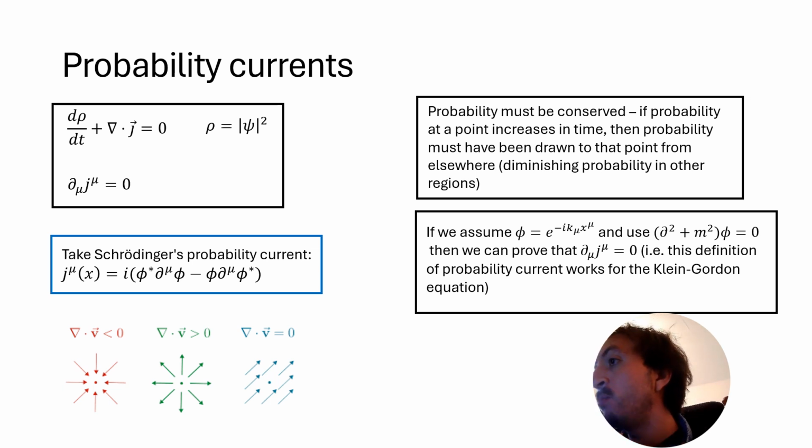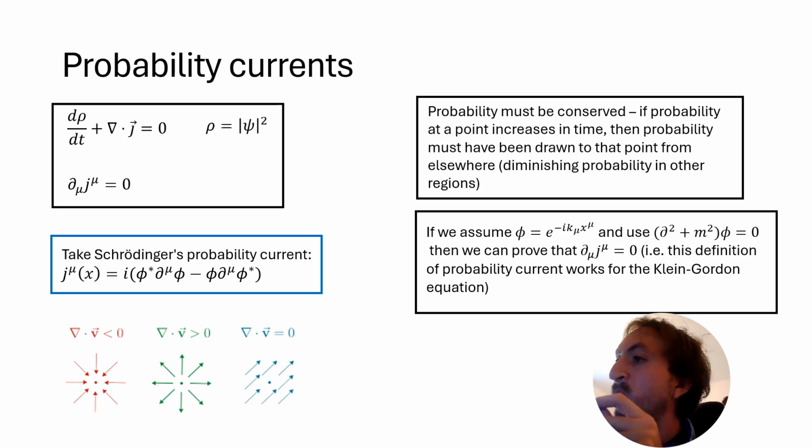And if you use the Klein Gordon equation itself, you can actually prove that if we use Schrodinger's definition of four-current, then indeed four-current will be preserved. So the four-gradient, or space-time version of the divergence of our 4-vector, will be 0.